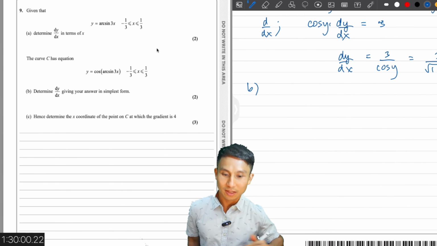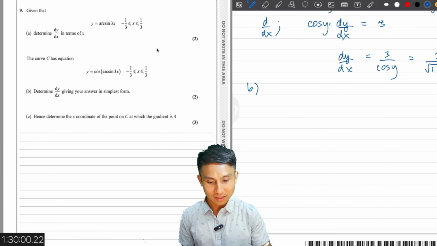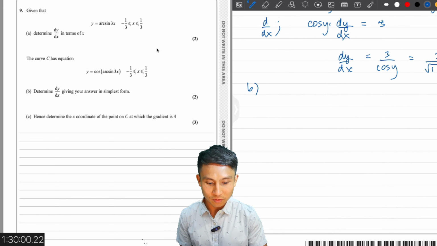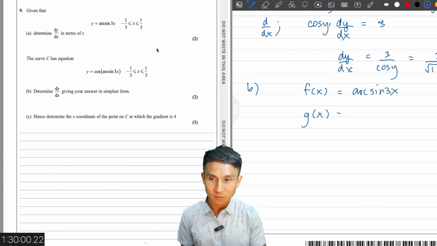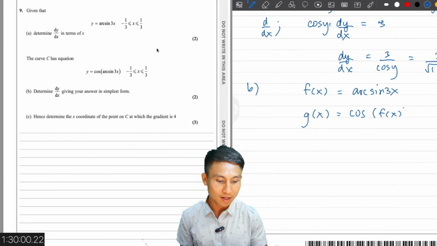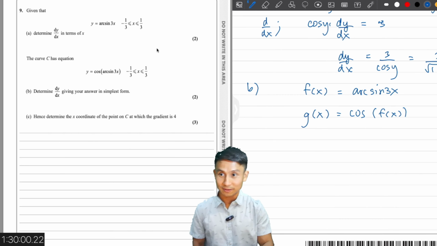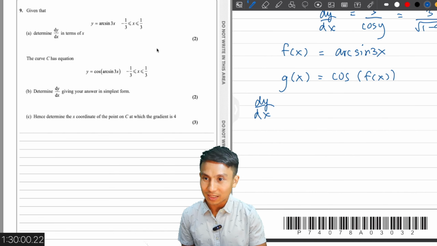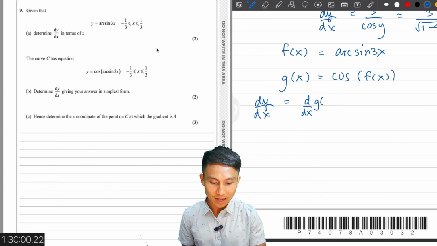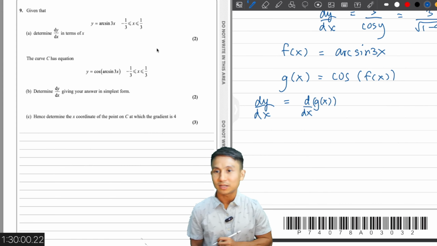So how about I put f(x) as arcsine 3x, and g(x) will then be cos of f(x), just as a composite function. So the dy by dx that they want would be just d by dx of g(x), so just differentiating g(x).